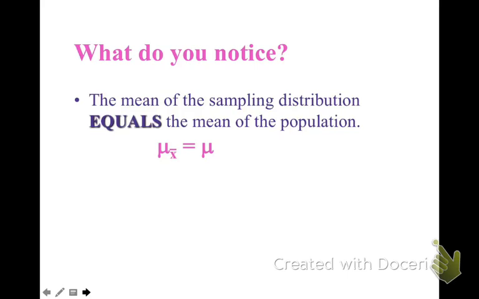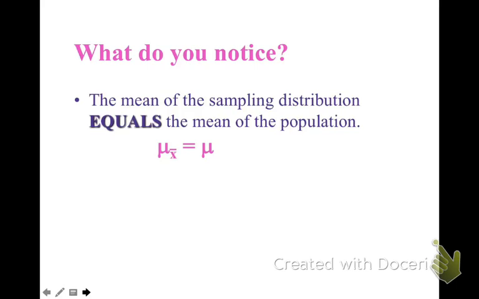The mean of the sample means is just equal to the true mean of the population. This is a very similar result to what we got when we looked at the mean of p hat. Remember, the mean of p hat, the sampling distribution for proportions, was just equal to p, which was the true population proportion. Here, the mean of my sample means, of my x bars, is just equal to the true mean of the population.